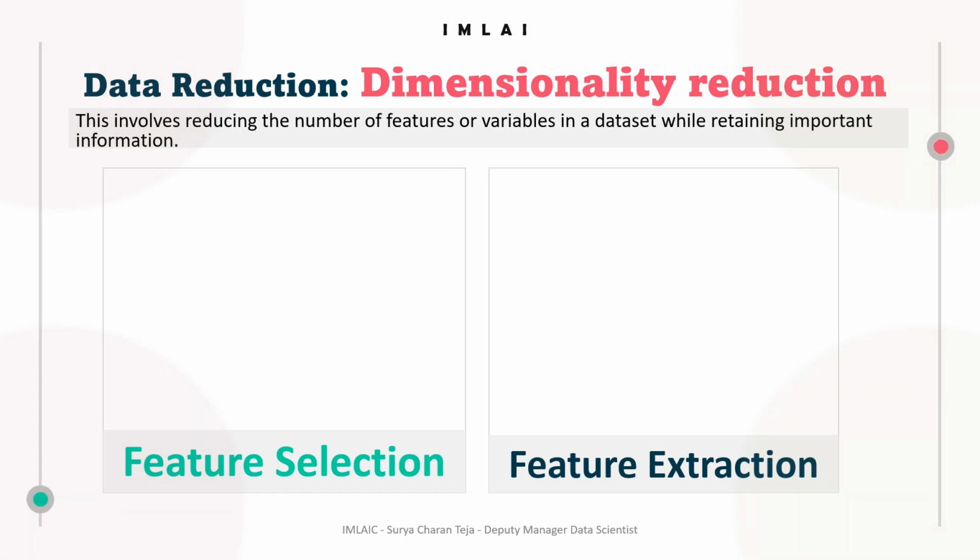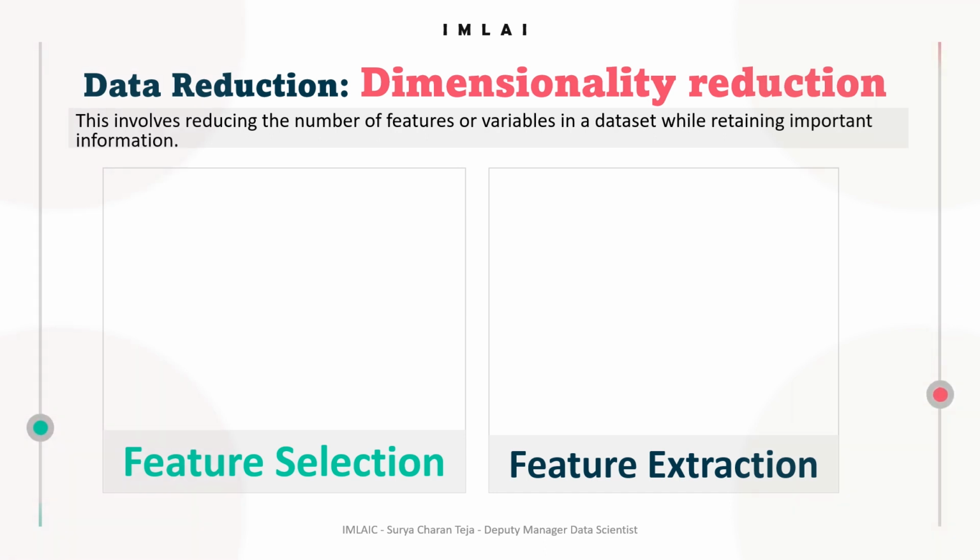In feature selection, the name itself is conveying that the techniques involve selecting a subset of the most relevant features or variables from the original data set. These techniques aim to retain the most informative features while discarding irrelevant or redundant features.